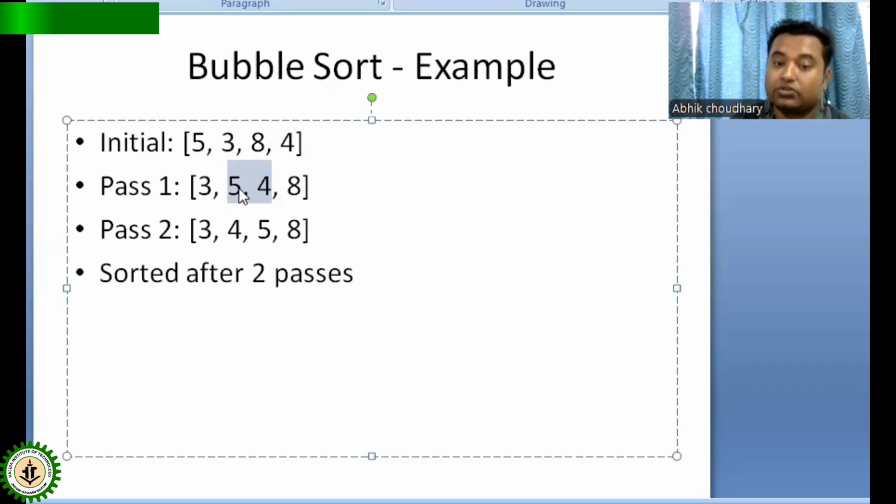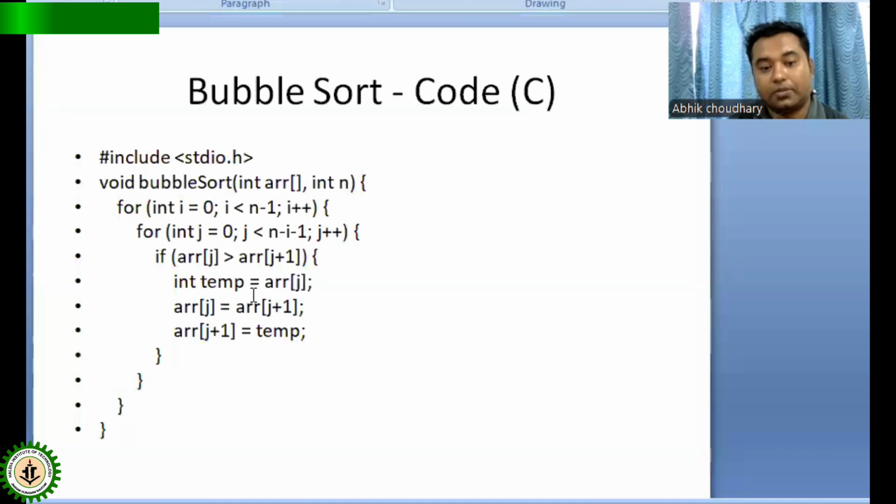Yes, here the swapping will be done, and after pass 2 the array will be 3, 4, 5 and 8. After that, we do not need to check 5 and 8. After pass 2, the array will be sorted.